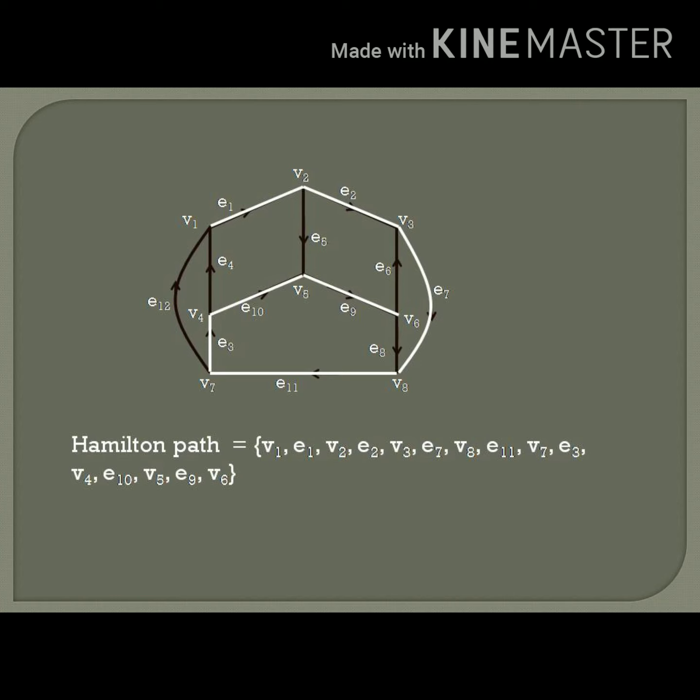So this is a Hamilton path. It's just a path. All vertices are included, but some edges are not included.